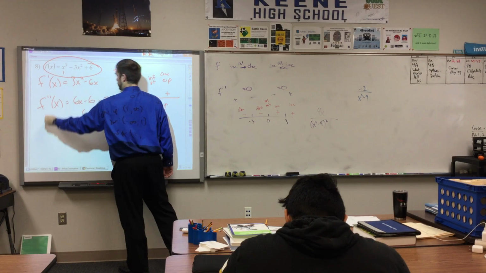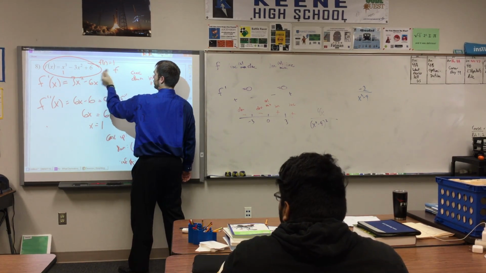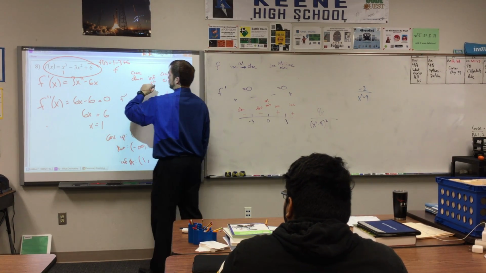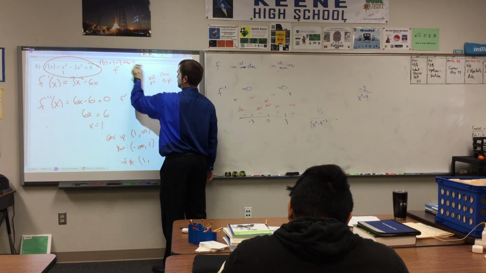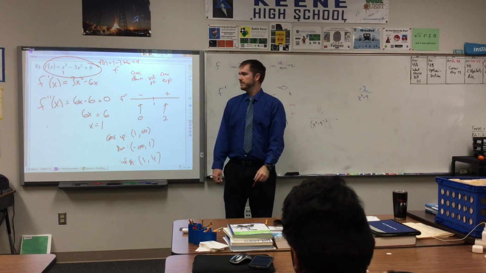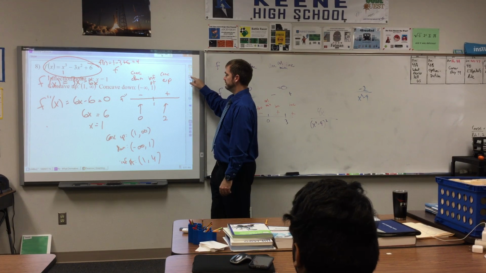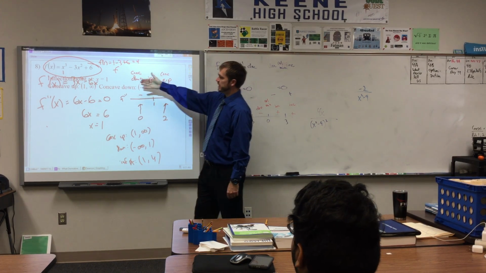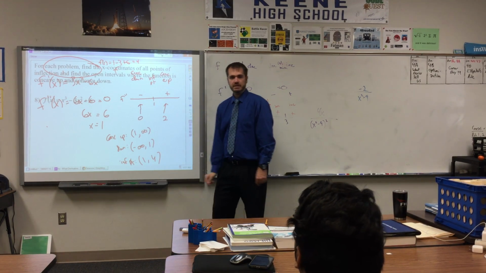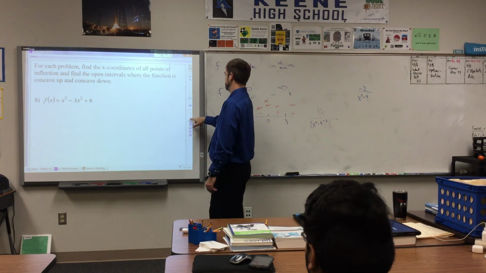So f of 1 equals 1 cubed minus 3 times 1, so it's minus 3 plus 6. So inflection point at 1, 4. Oh, do the instructions say the x coordinate? Well, y'all could have remembered. The x coordinate of all the points of inflection. So there we go.